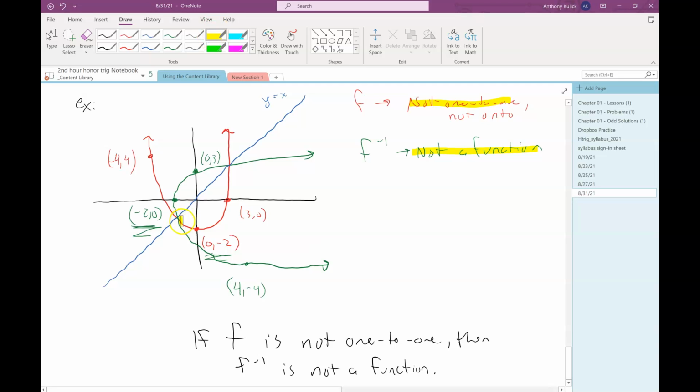So if I take this part of f and reflect it across that blue line, y equals x, I get that part of f inverse, right? If I take this part of f and reflect it across that blue line, I get that piece of f inverse. And similarly, if I take this part of f and reflect it across y equals x, I get that part of f inverse. You guys kind of see that?